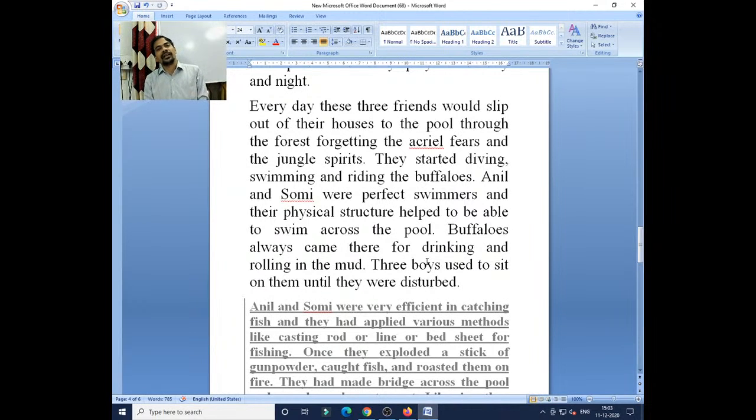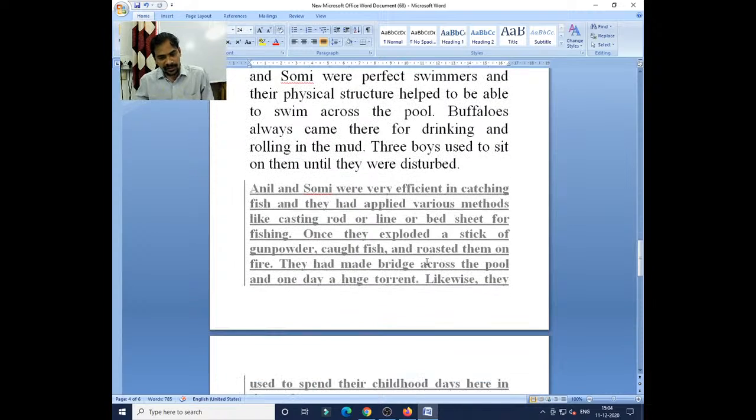In village areas you can find buffaloes; they drink and roll in the mud, and they will stay inside the pond for a long time, never coming out until you drive them away. The three boys used to sit on them until they were disturbed. So this is all about that.